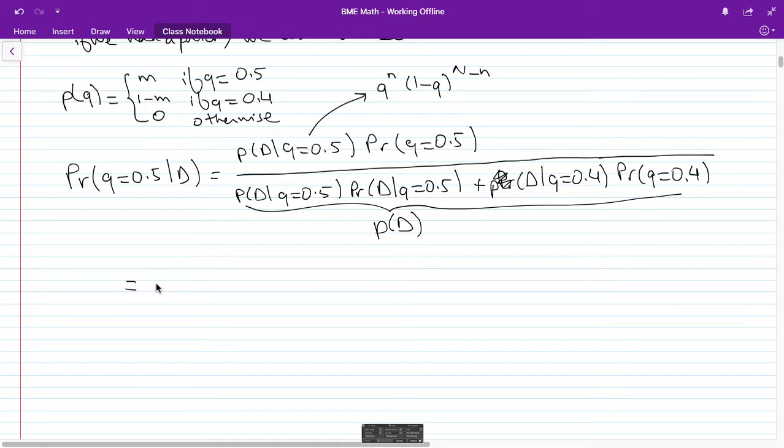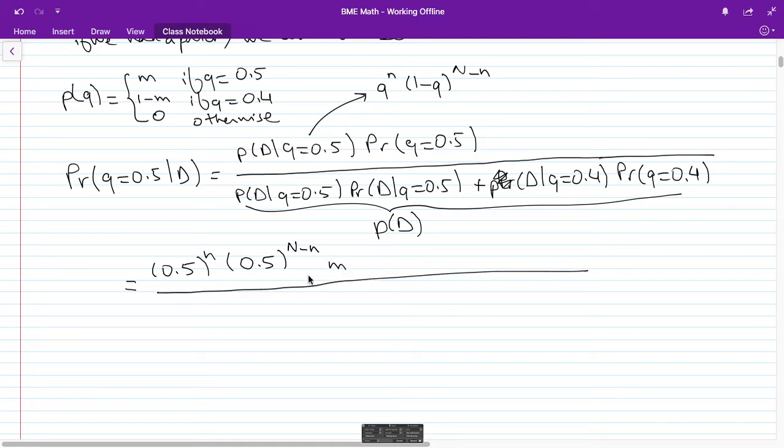So this can be written as Q raised to the power of little n times 1 minus Q, which is 0.5, raised to the power of N minus n, times the prior probability, which is m, divided by the same term plus this term here, the likelihood.